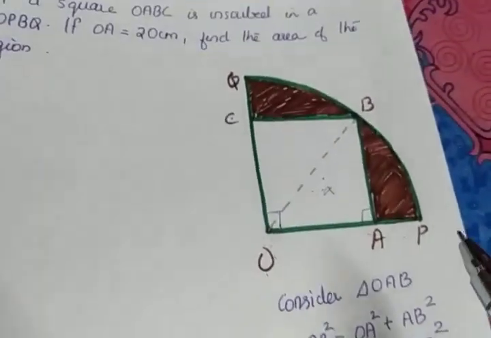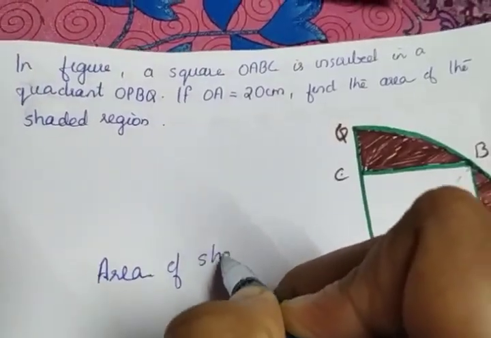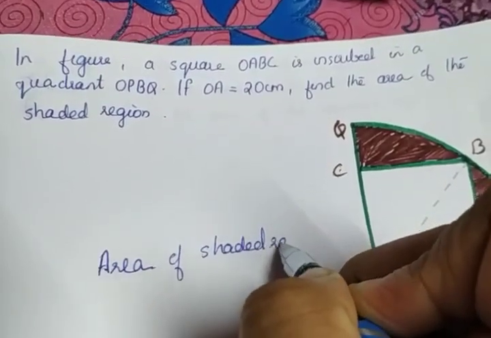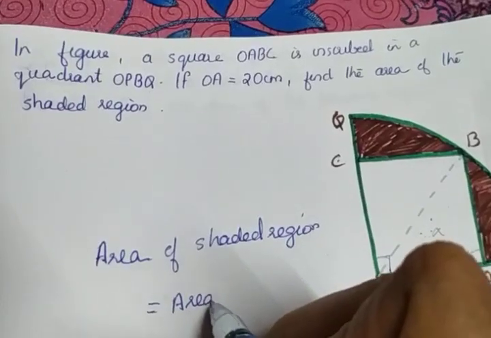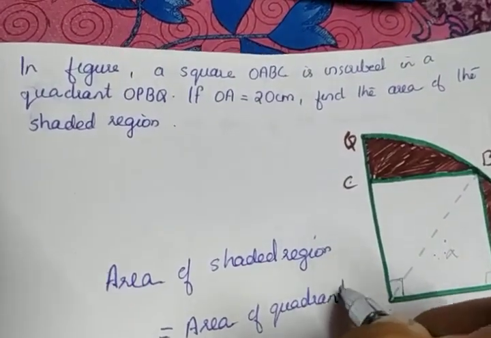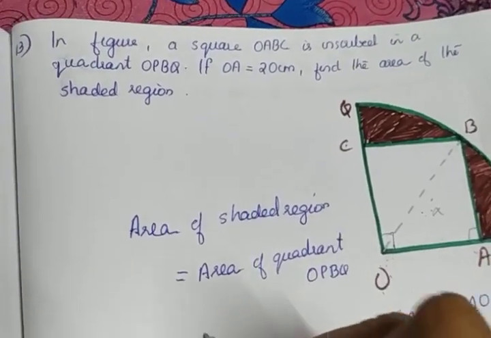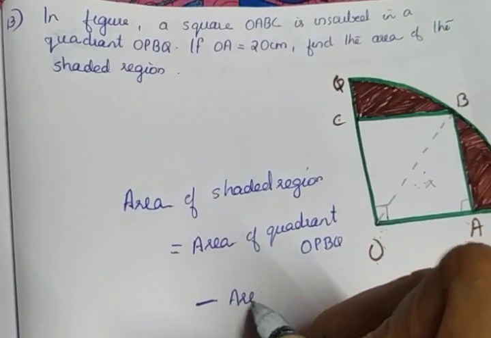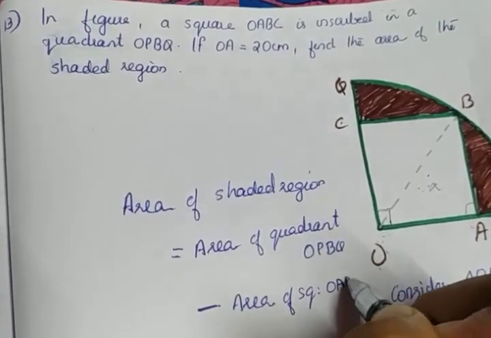Now we are able to find the area of the shaded region. So the area of the shaded region is equal to the area of the quadrant. In the question it is given as quadrant, so we will be using the same notation, OPBQ, minus the area of the square OABC.